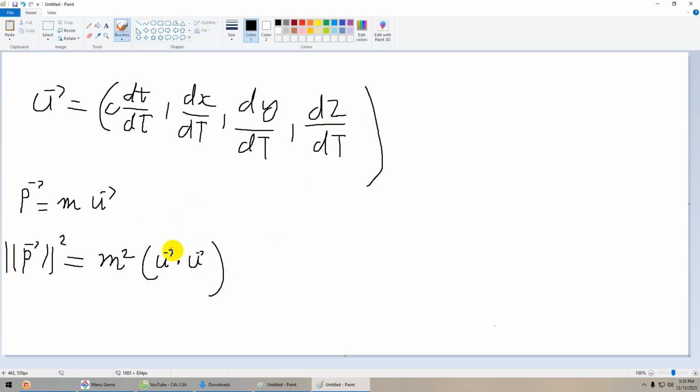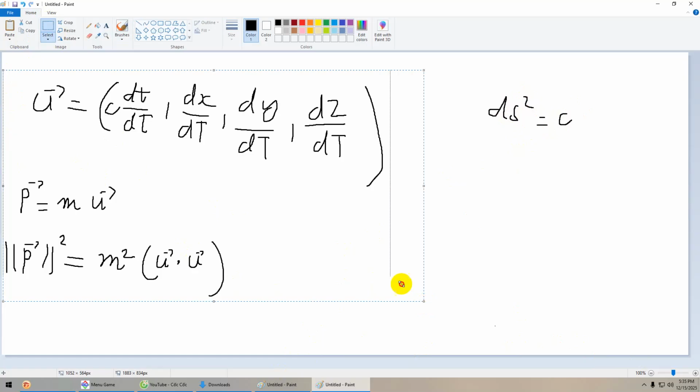To prove that u dot u must equal something, we have to use the Minkowski metric, which is ds squared equal to c squared. Let me make this table emptier now. It's so full now.